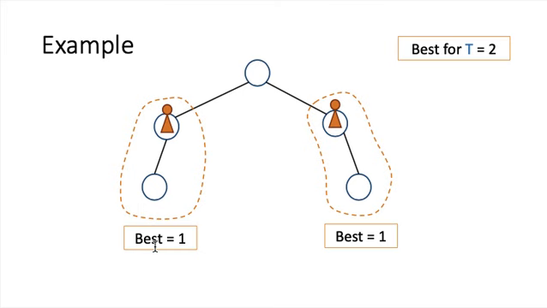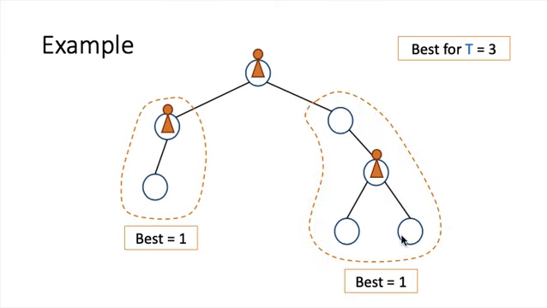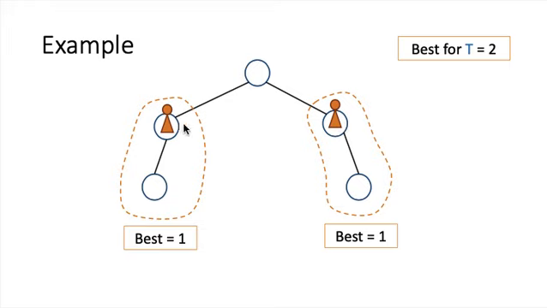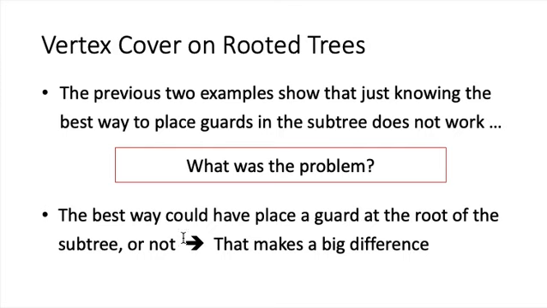In this example, when we perform the best way to place the guards for this subtree, we cannot place a guard at the root of this subtree. But for the other examples, we can place a guard here and here as well, right? So that we still have the optimal number of guards in the subtree. This makes a huge difference, whether the optimal way places a guard at the root or not.